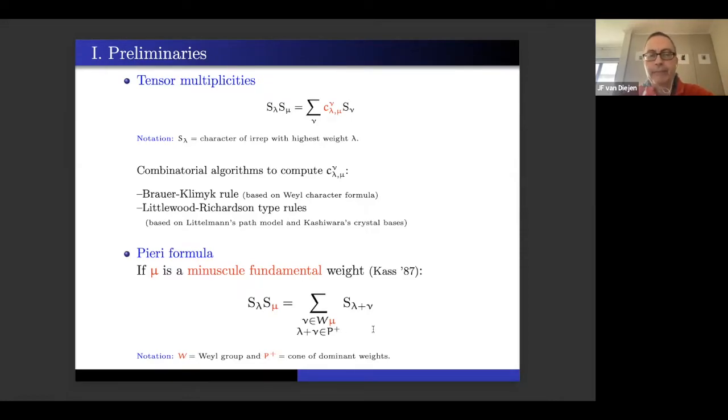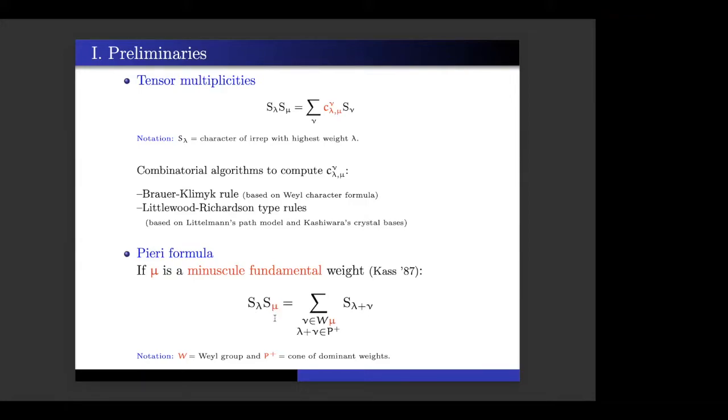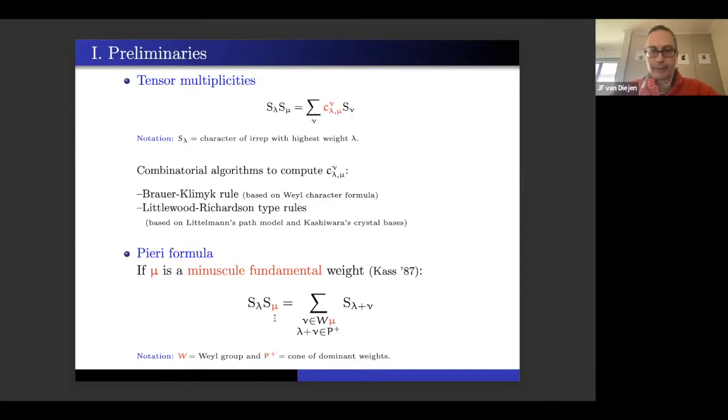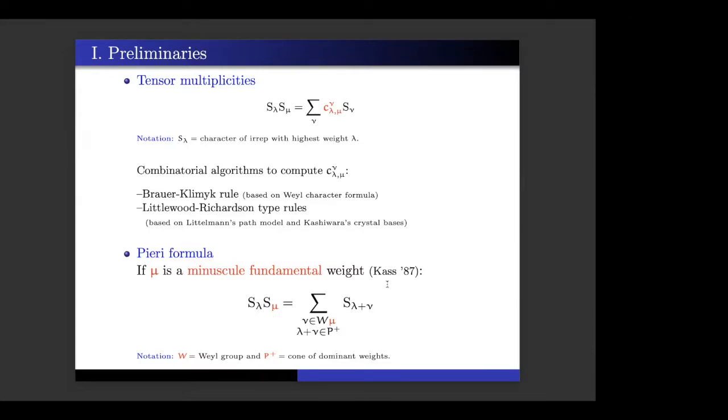This is a very well-known formula, which gives you the tensor decomposition if lambda is any dominant weight. So S lambda is the character of any irreducible representation, and mu is a minuscule fundamental weight. Okay, so this was formalized due to Kass, I think, from '87.